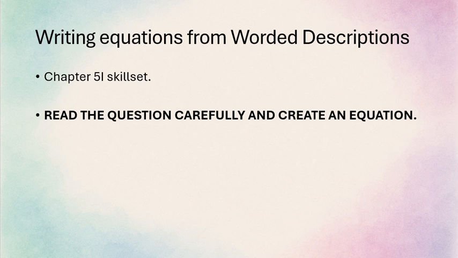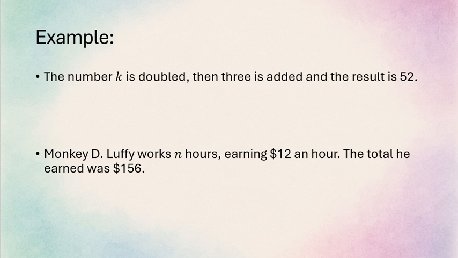Writing equations from worded descriptions. Refer back to chapter 5I. All you need to do is read the description carefully and create an equation. A couple of examples. The number k is doubled, then 3 is added, and the result is 52.